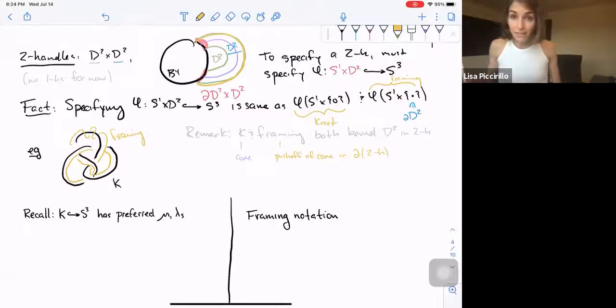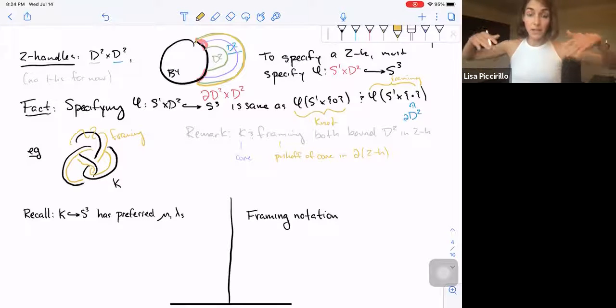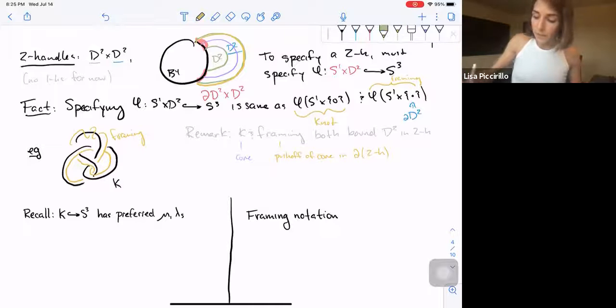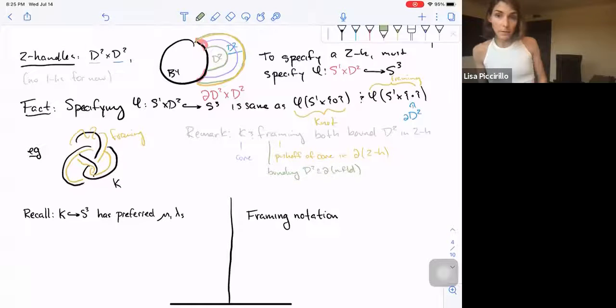So my remark can even be upgraded a little bit. I sort of said here that these curves K and the framing end up bounding disks in the two-handle, but the framing even has this even better property that the framing is bounding a disk in the boundary of our manifold, which is something we'll use a bit later.